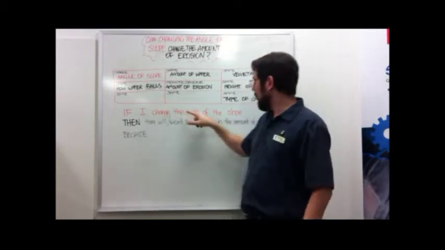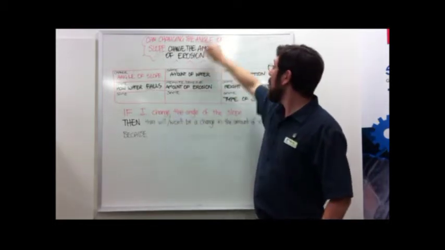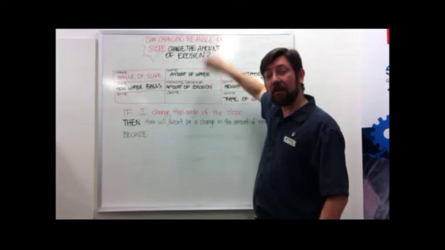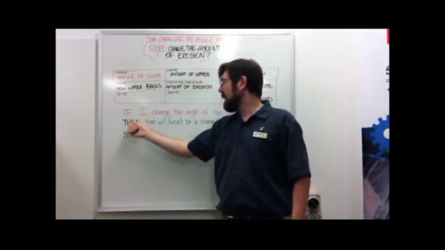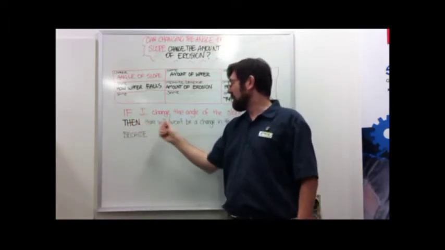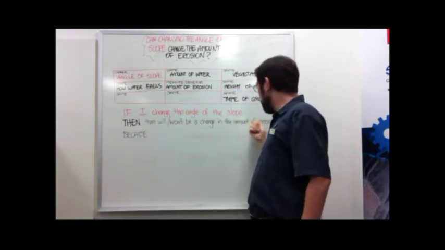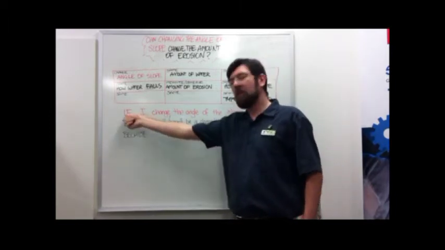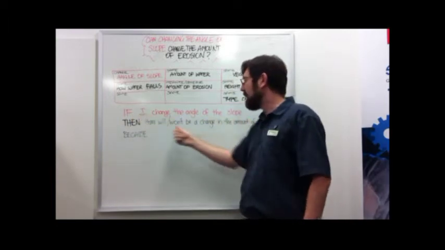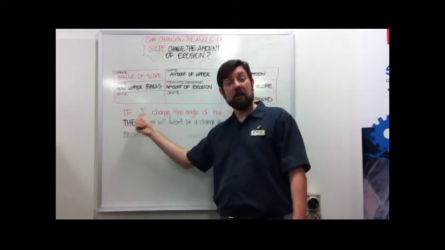So for this investigation, what I've put up here is if I change the angle of the slope, relating my prediction back to my question, colour coding that for the students, then, and the students will be copying this down, there won't be a change in the amount of erosion. So they copy down the whole first part, then in the second part they choose.